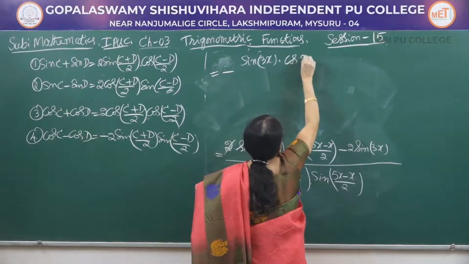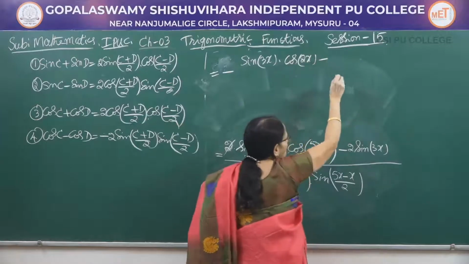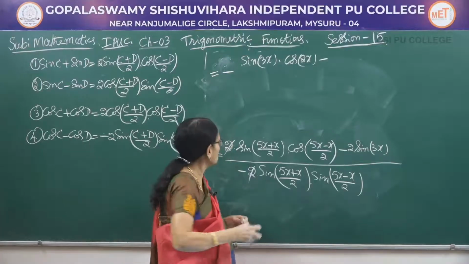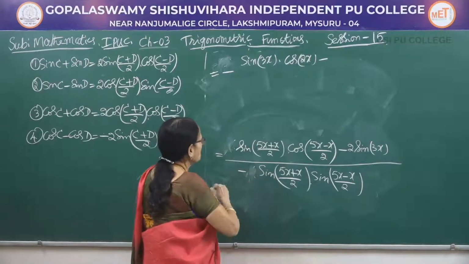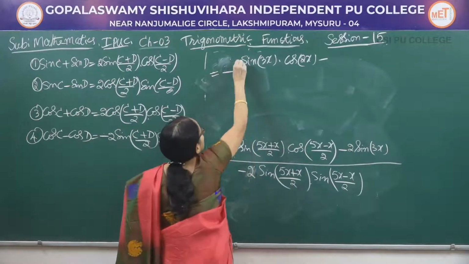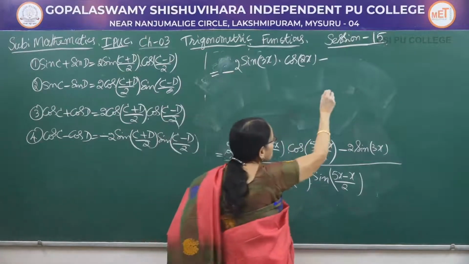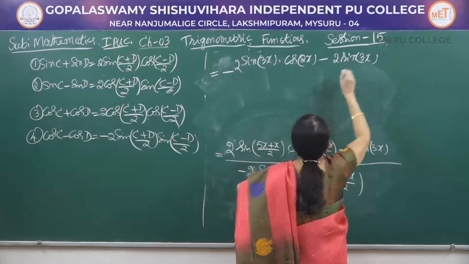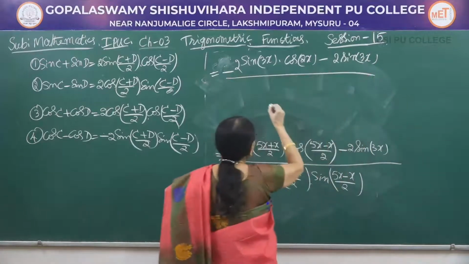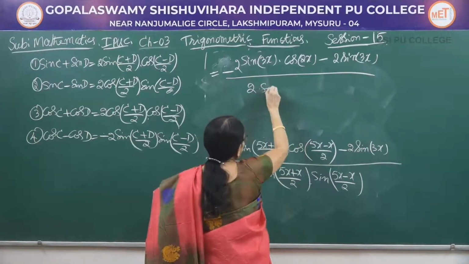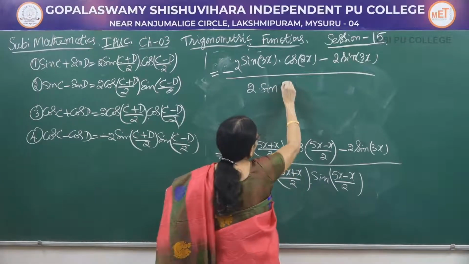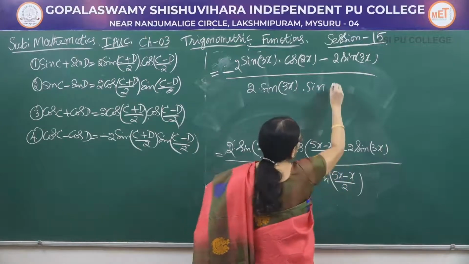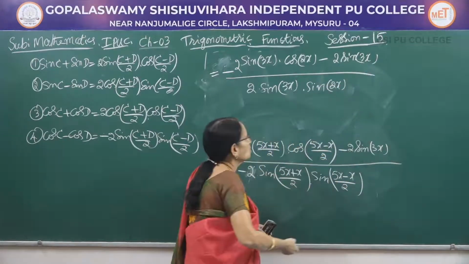So you can write it as cos of 2x minus, keep the 2 as it is. After taking out the common factor only, you can do the cancellation because there are 2 terms in the numerator. Denominator, write it as 2 times sin of 5 plus 1 is 6 by 2, again 3x, into sin of 5 minus 1 is 4 divided by 2, that is 2x.